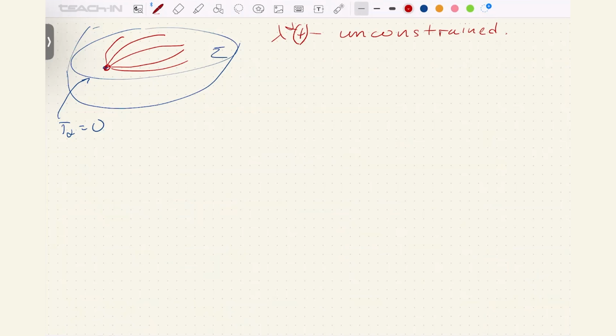But in addition to this, we have a huge arbitrariness, functional arbitrariness, corresponding to these lambdas. And this is precisely the gauge freedom. So there is a huge arbitrariness in our solutions, which is not physical.